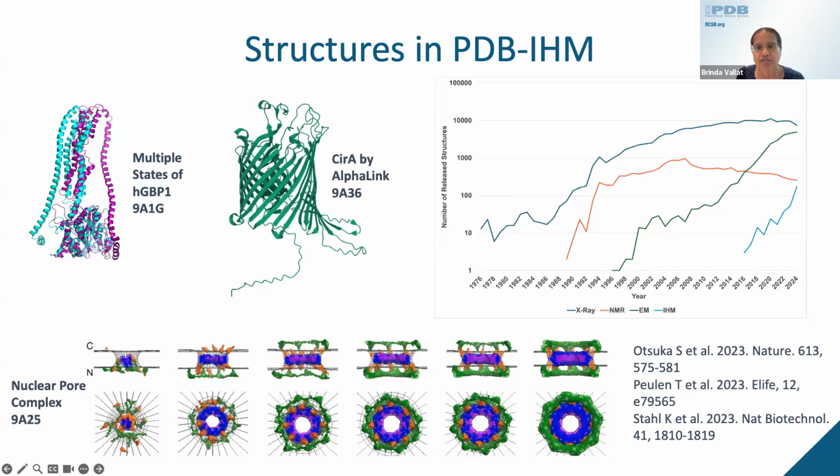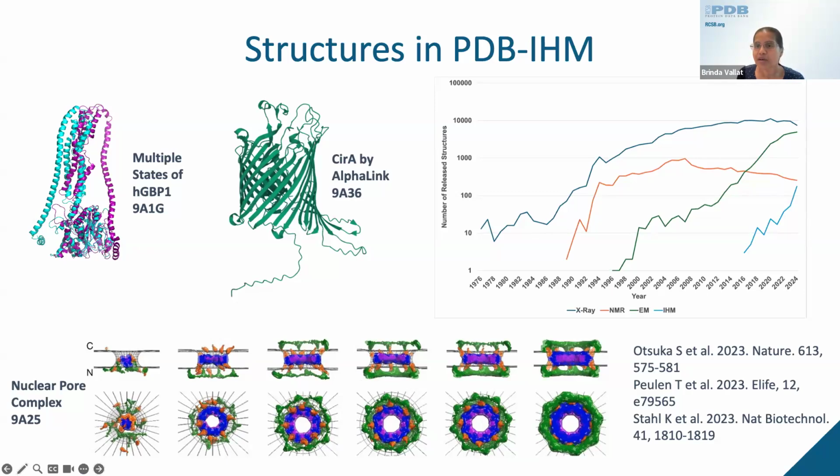The modeling was carried out using data from 3D EM, cross-linking, SAS, and I think it was fluorescence correlation spectroscopy. The study reveals that the assembly pathway of the complex follows two distinct molecular mechanisms where the order of incorporation of the structural components is reversed. And this information can be obtained from the deposited structure in PDB-IHM.